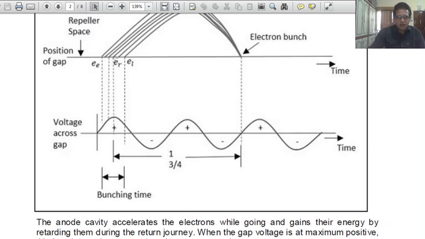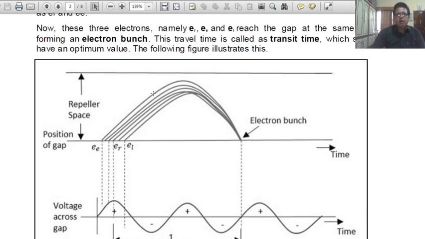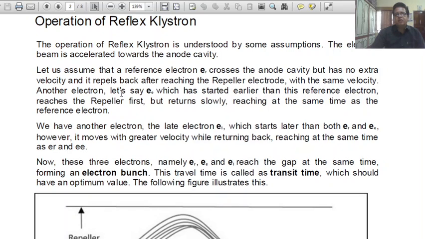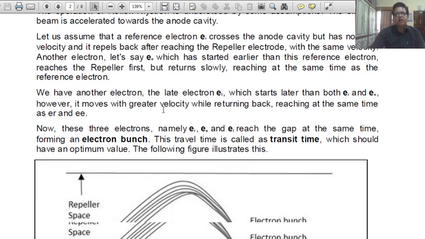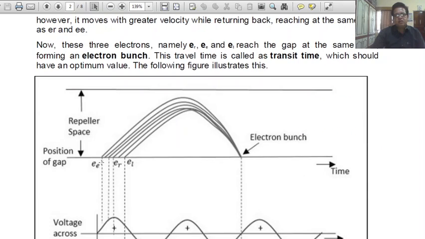That can be understood from here, the maximum magnitude of the potential. This electron is the reference electron. Another electron is EE, the earlier electron, which has started earlier than the reference electron.